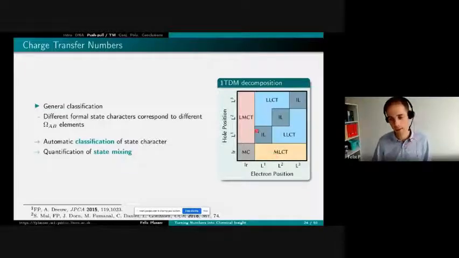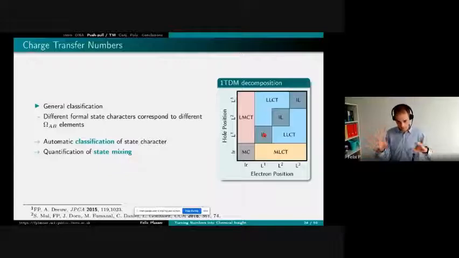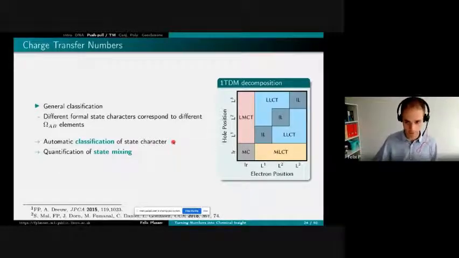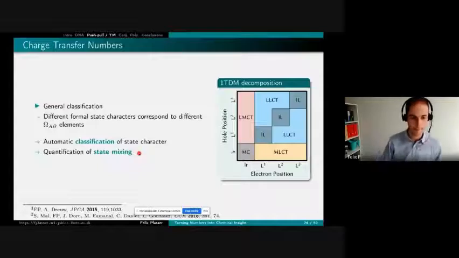And intraligand is if both are on one of the ligands, and so on. It happens that exactly this fragment-based view is how people talk about these states. That's why we have an automatic classification of state character, and we can also quantify state mixing that would be difficult to quantify otherwise.